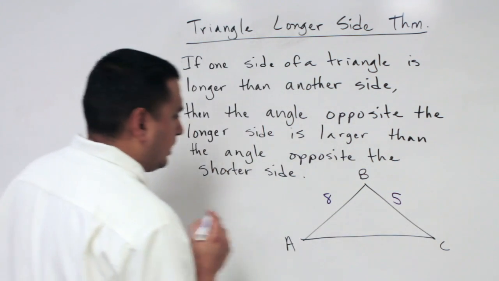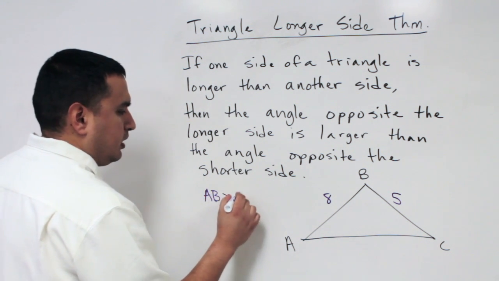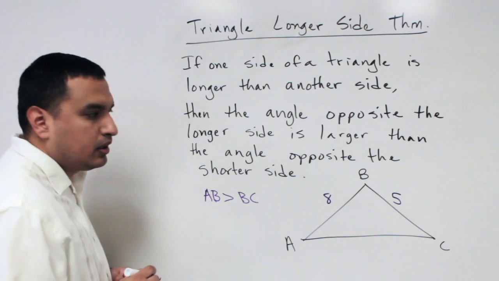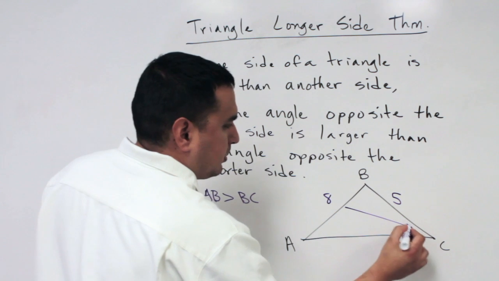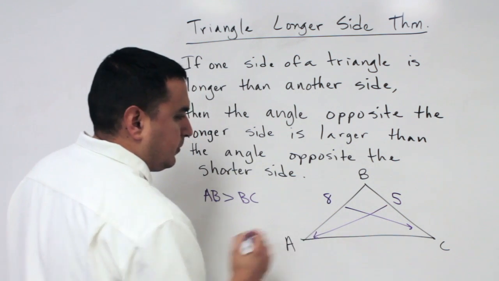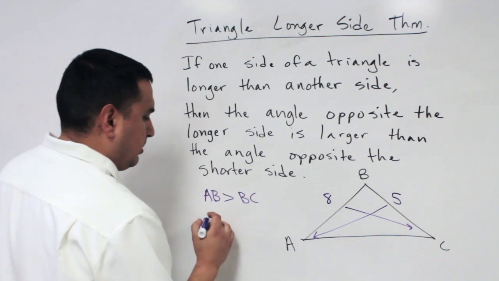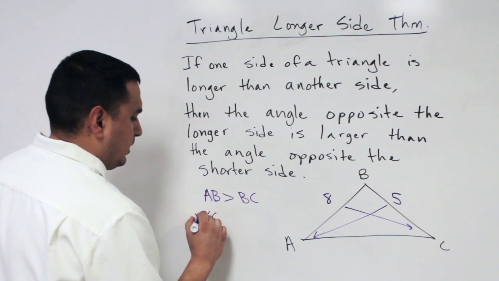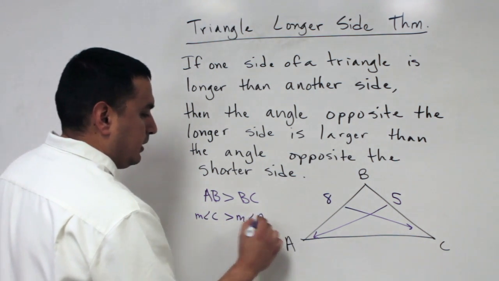Because the length of AB is greater than the length of BC, C would be opposite the 8, and A would be opposite 5. Since C is opposite 8, that means the measure of angle C has to be greater than the measure of angle A.